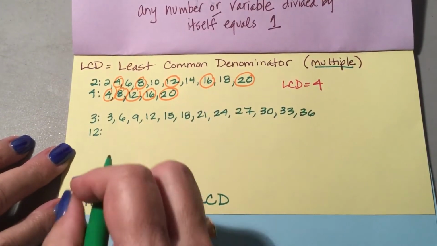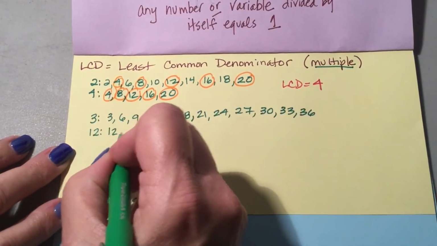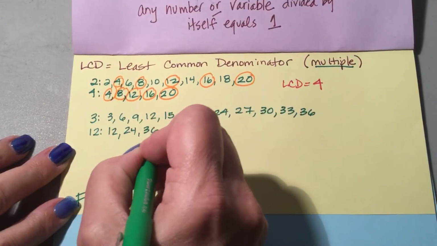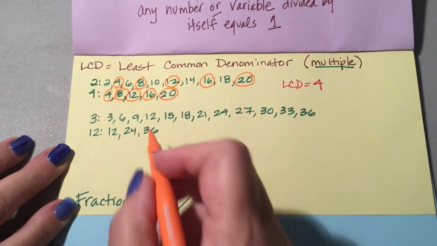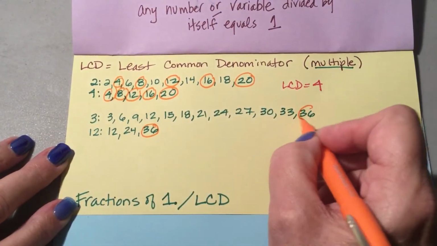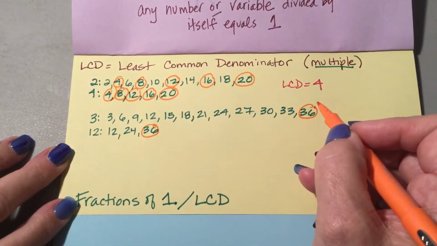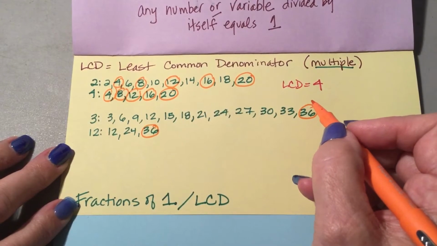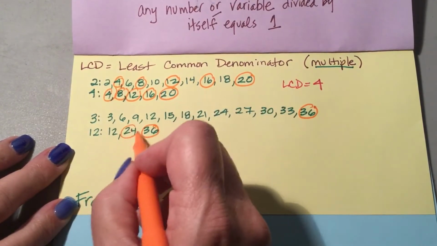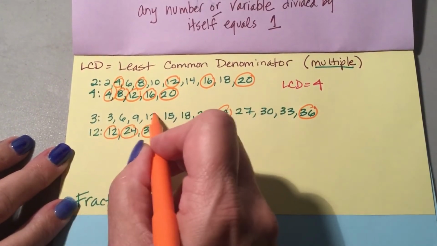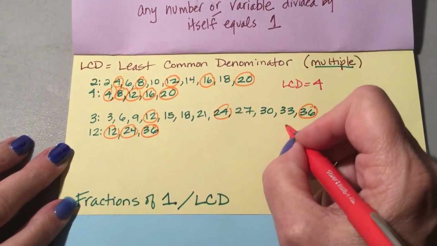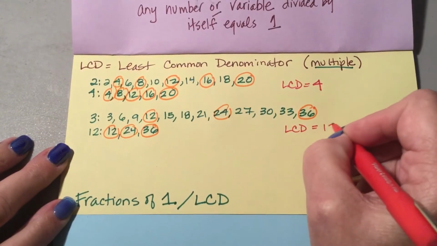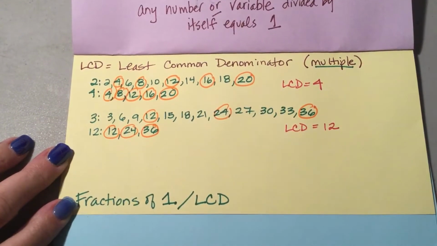And then we're going to count by 12s to 36: 12, 24, and 36. Okay? So in this one, the common multiples they have, if these were in the bottom part of the fraction, would be denominators, right? So 36 is common, 24 is common, and 12 is common.